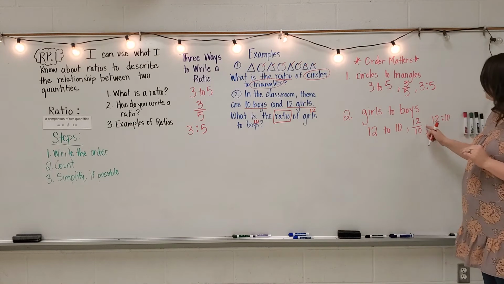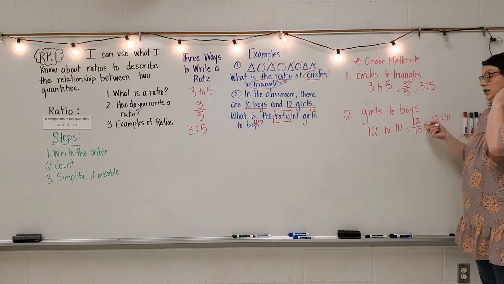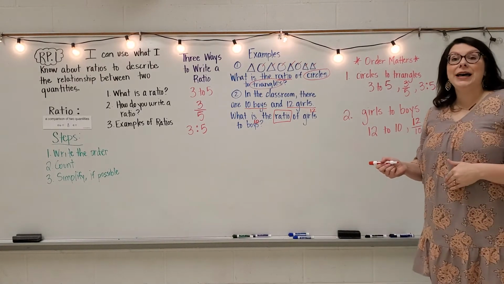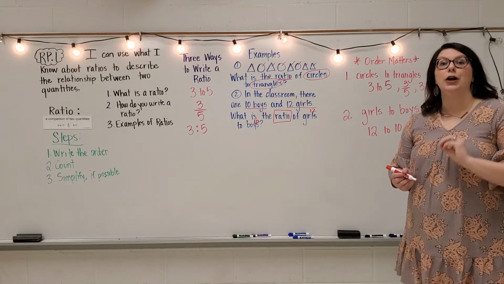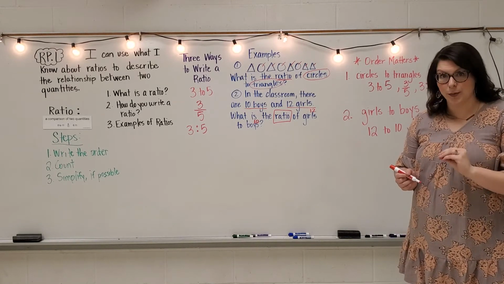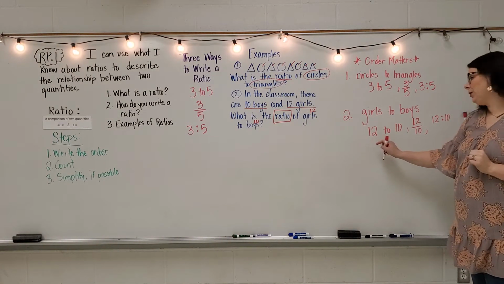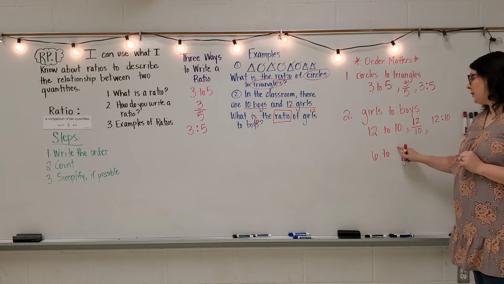However, when we look at 12/10, the first thing you should notice is that 12 is greater than 10, so this will be an improper fraction. But if we simplify, both of these end in an even number, so I know that I can divide at least by 2. So if I divide 12 by 2, I get 6. And if I divide 10 by 2, I get 5.